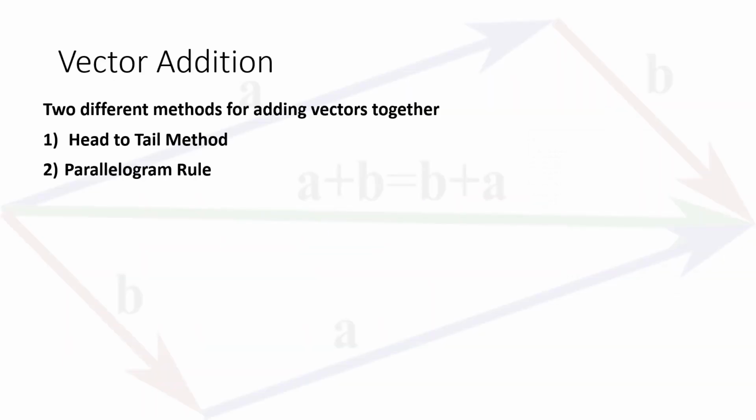Okay, and we'll get into what those components are going to look like with their velocity in just a second. So how do we do vector addition? How do we add two vectors together? Well, there's two different ways. One is called the head to tail method, and the other one is called the parallelogram rule. So head to tail method is pretty simple.